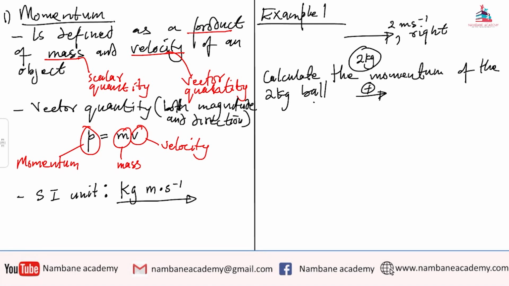Because we are working with velocity, we are working with momentum, both of them being vector quantities from grade 11. They must have both magnitude and now the direction. So before I can attempt to do this particular problem, ladies and gentlemen, choice of direction is very, very important.